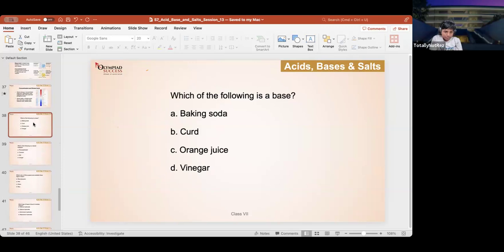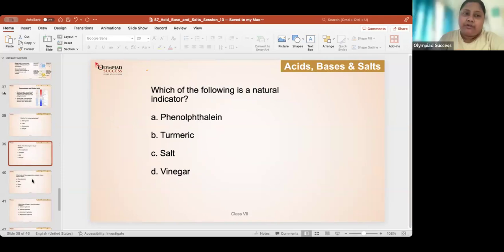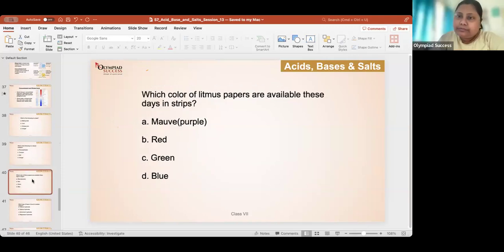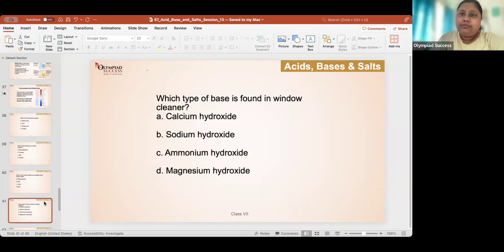Baking soda. Very good. Turmeric. Very good. Blue. Very good. Next.